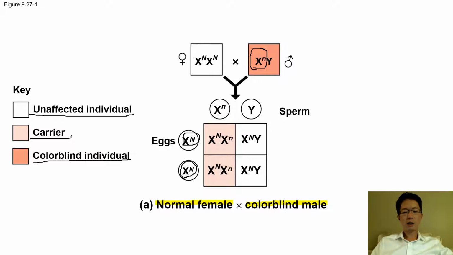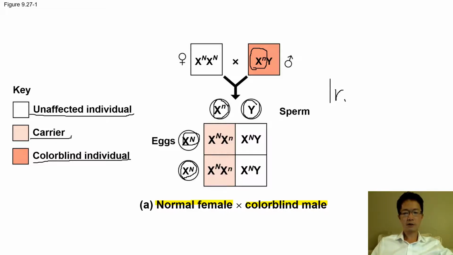But for the colorblind male, 1 allele is recessive and the other is just the Y chromosome. After we cross it, what will be the phenotypic ratio of all the children?